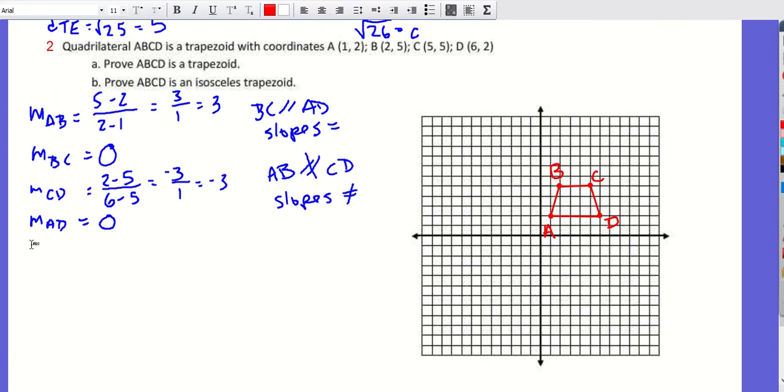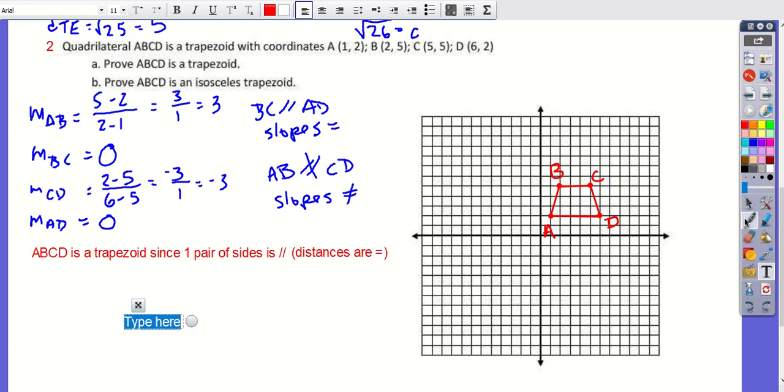Same thing as before. ABCD is a trapezoid since one pair of sides is parallel. And once again, if you want to put that down, you can also add in there that distances are equal.